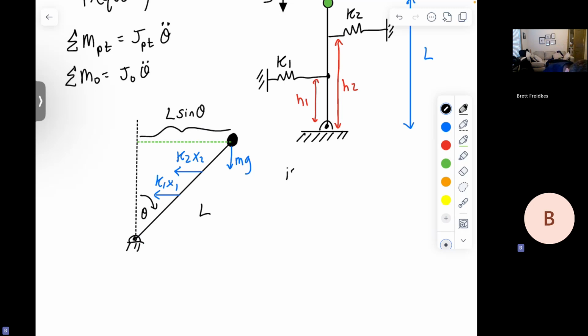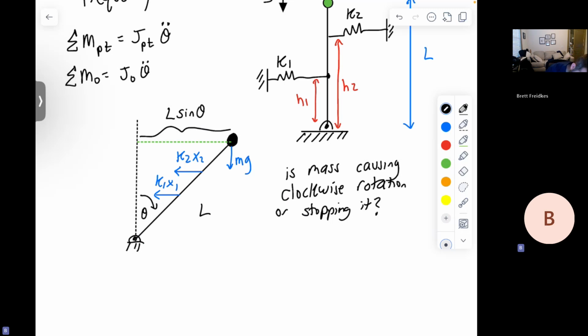Now, is the mass helping or reducing? I don't want to say helping. Is the mass causing clockwise rotation or stopping it or minimizing it?